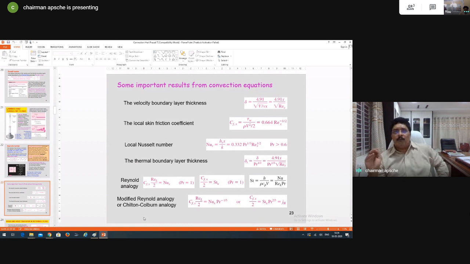Now, why is it important? Because when the fluid is flowing, the fluid viscosity, the wall friction causes a certain force to be applied, and this results in pressure drop.